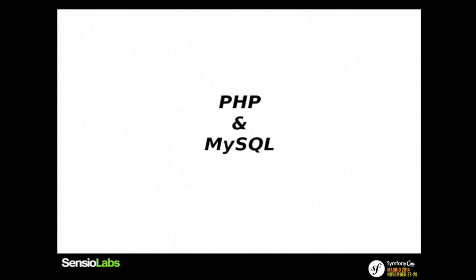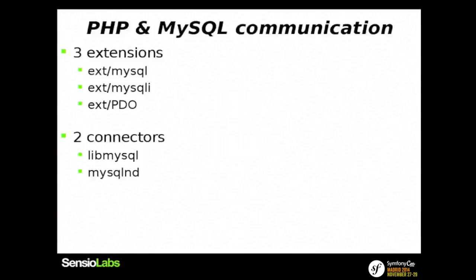Now, when we use PHP with MySQL, because MySQL has many clients, but the main client that is interesting to us is PHP. So PHP is the client of a MySQL server, and you typically use 3 extensions: the mysql extension, which is pretty old and you probably don't use it nowadays, MySQLi, improved, and PDO.